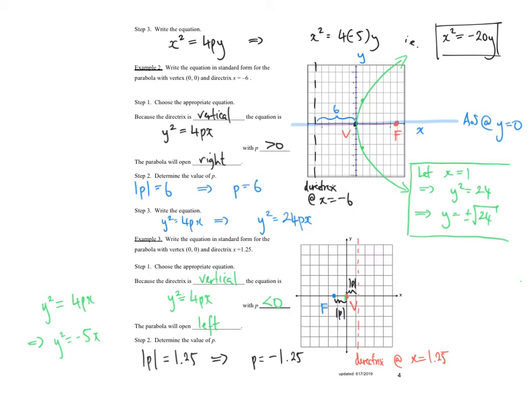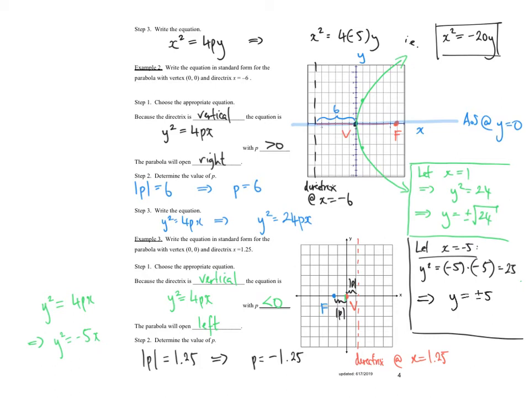And now to get an idea of the shape of the parabola, let's do one more point. Now we can be clever here to make the math work out nicely. Okay, let's see what I mean by that. If we take x to be negative 5 and we substitute in, we get y squared equals negative 5 times negative 5, which is just 25. So I get, taking the square root, y equals plus or minus 5.